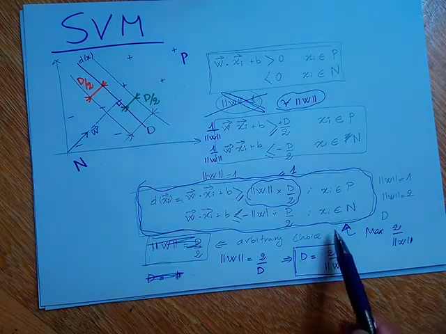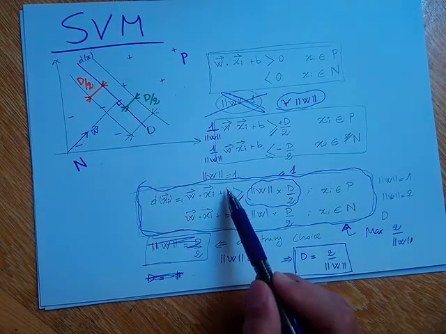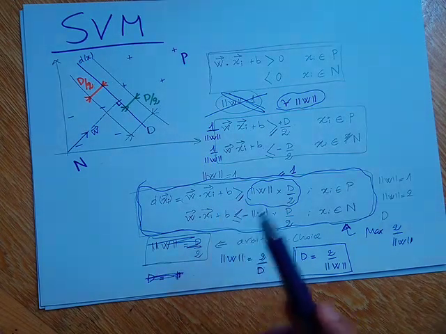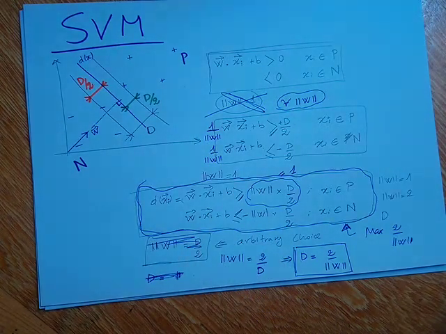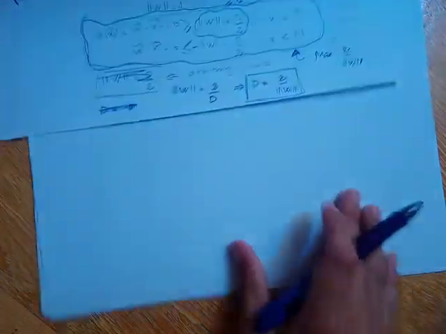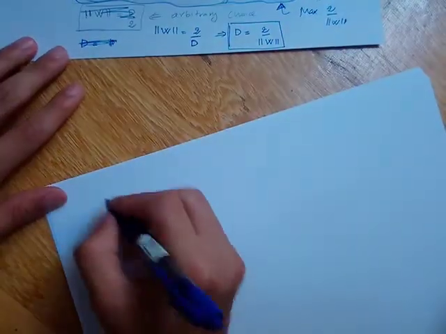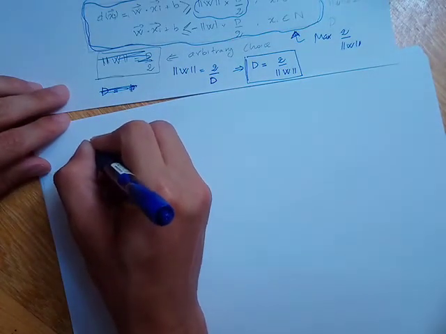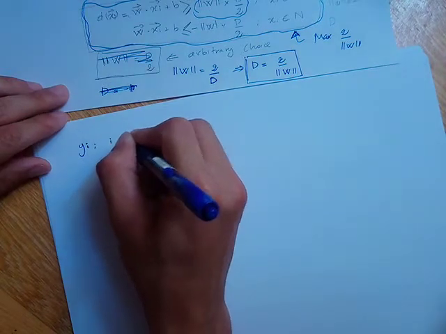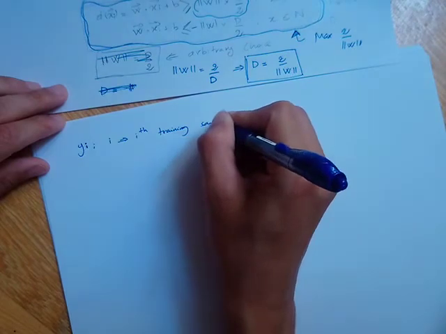Now, in this constraint here, I have two conditions, and what I will do is simplify these two conditions into one equation by introducing a new variable called yi. I will consider a new variable yi, such that, of course, i is associated with the i-th training sample, right?